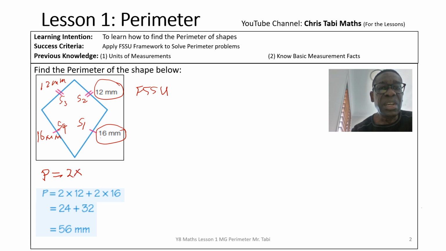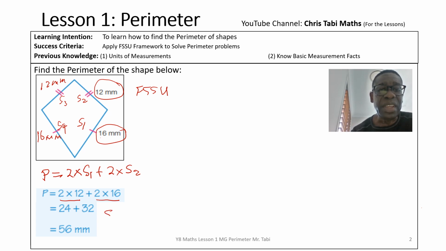So 2 times side 1 plus 2 times side 2. All right. And so that leaves us with 2 times 16 plus 2 times 12. 2 times 12 is 24, 2 times 16 is 32, and 24 plus 32 is 56.